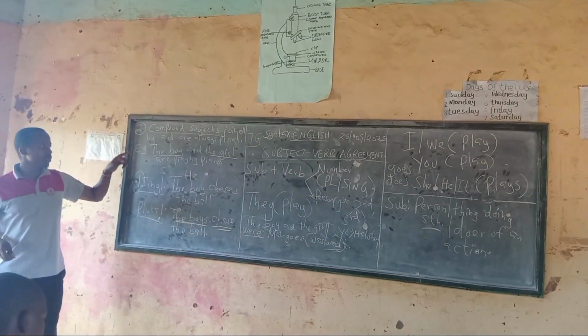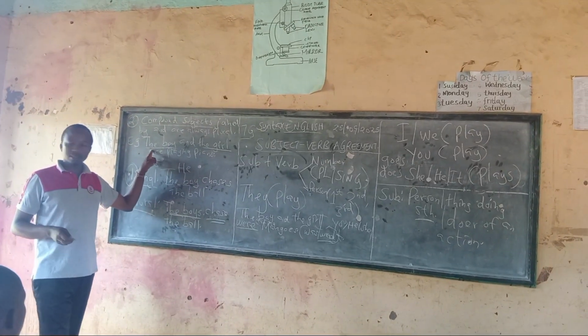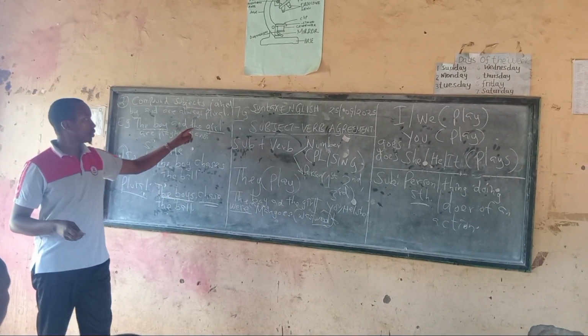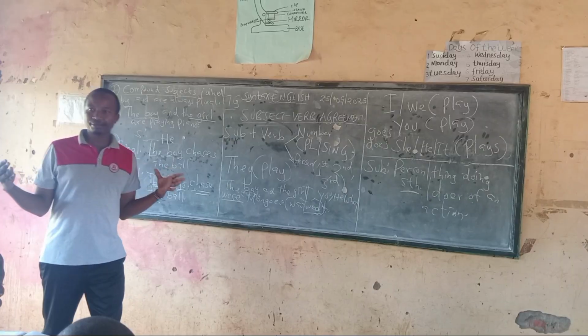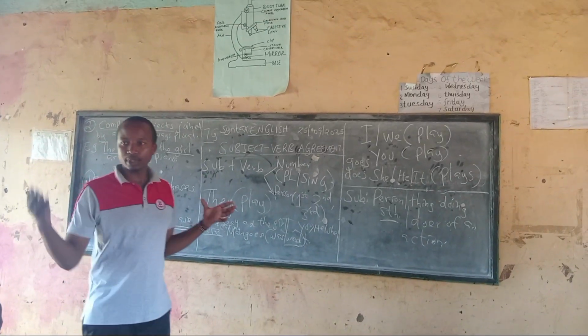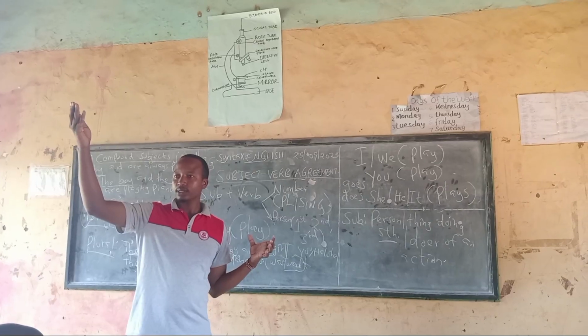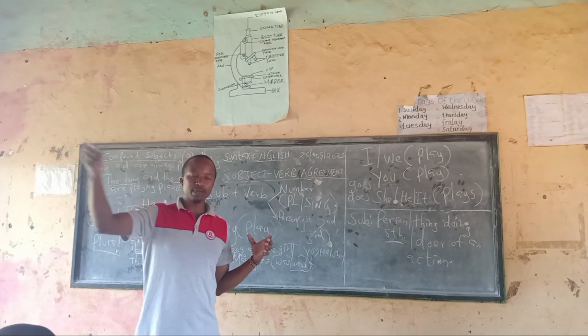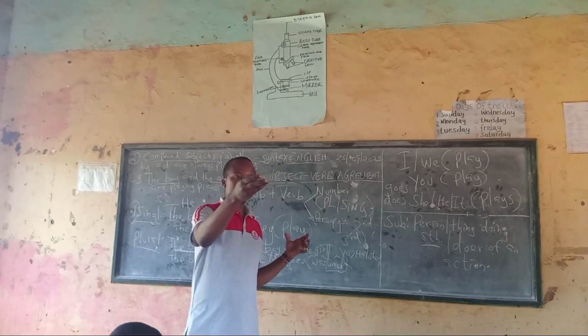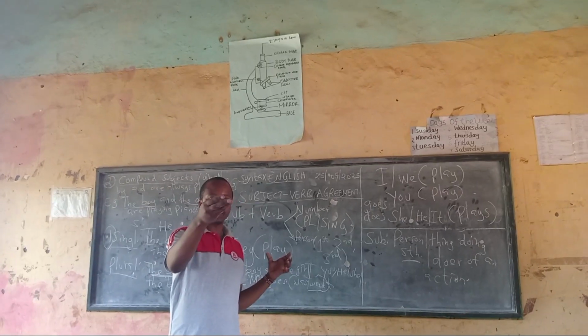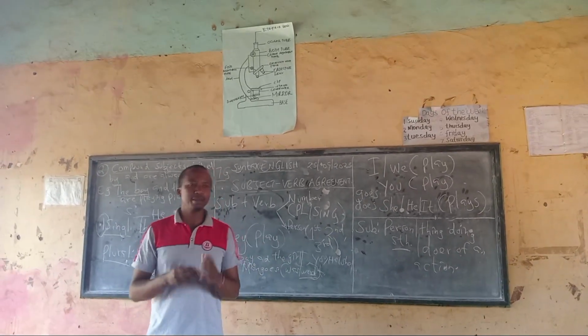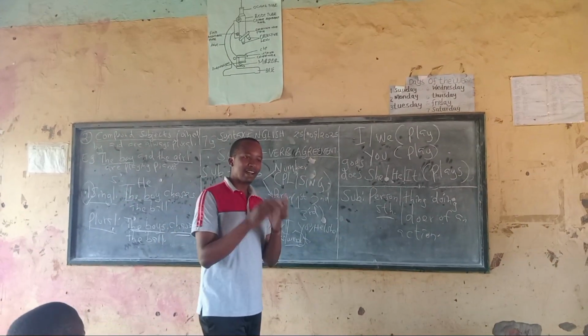Subject one is the boy. Subject two, so how do we join them? Yes, one person. How do we join the subjects? Or how have we joined the subjects? By using what? The conjunction. You say by using the conjunction and.